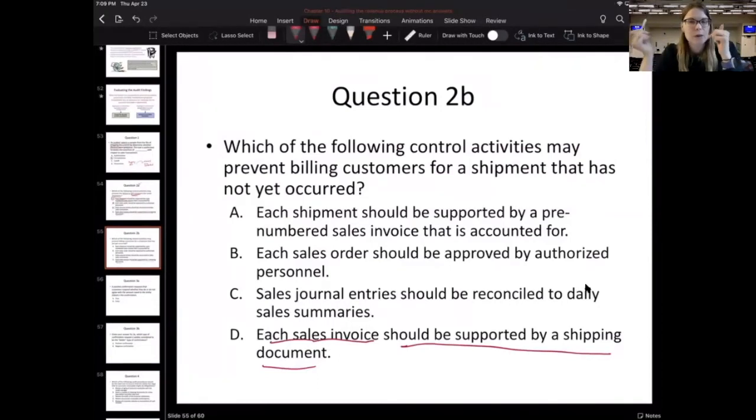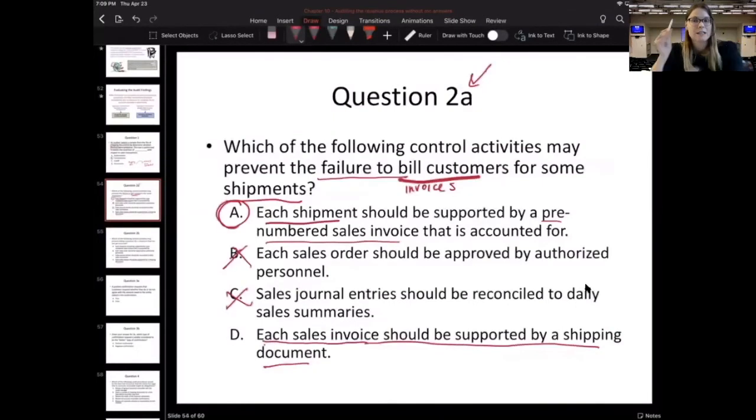And I think it's just because the reverse situation in 2A is a kind of backwards way of thinking about it. But A isn't necessarily saying that the person has been billed before you've shipped it. It just means that, associated with the shipment, before you ship it, you have the pre-numbered invoice ready to go, right?